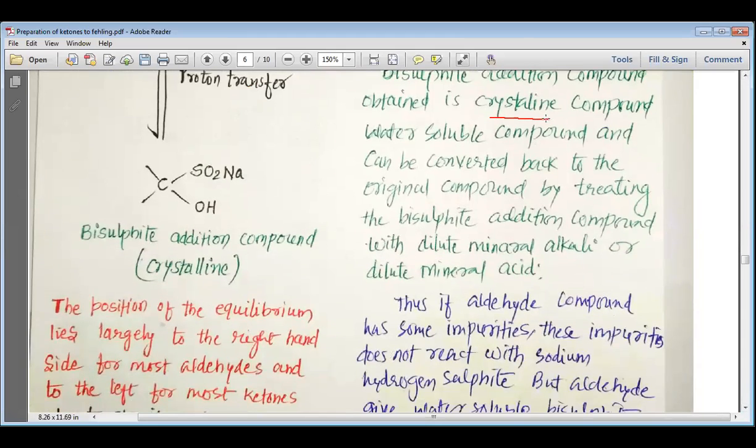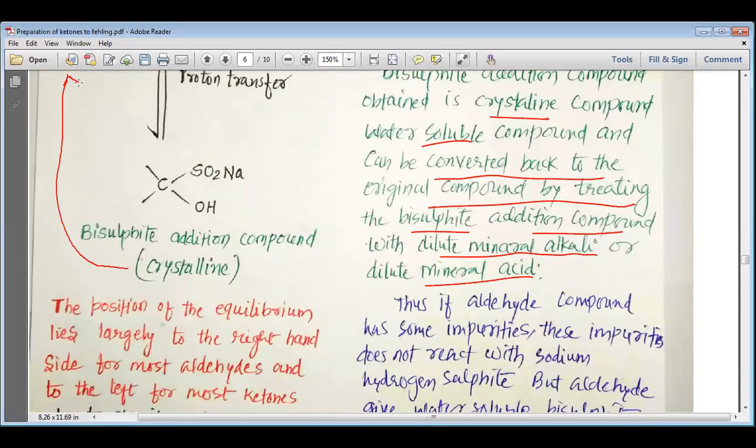The bisulfite addition compound obtained is a crystalline, water soluble compound, and it can be converted back to the original compound by treating the bisulfite addition compound with dilute mineral alkali or dilute mineral acid. So this compound can be converted back to the aldehyde, or ketone, by mineral acid or by mineral alkali.